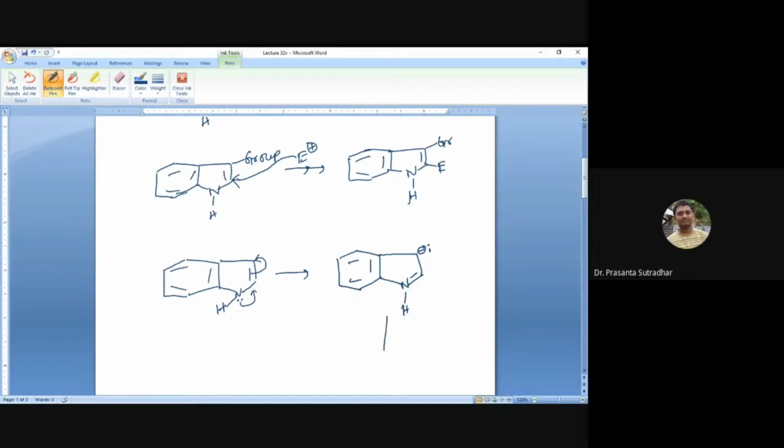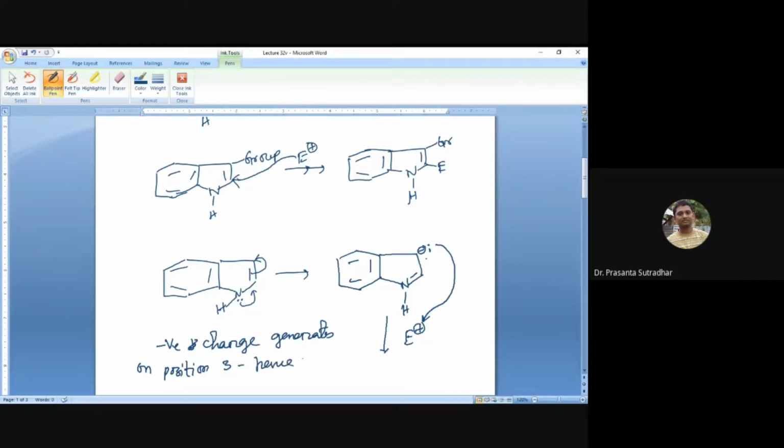As the negative charge generates at position 3, it will attack the electrophile at position 3.